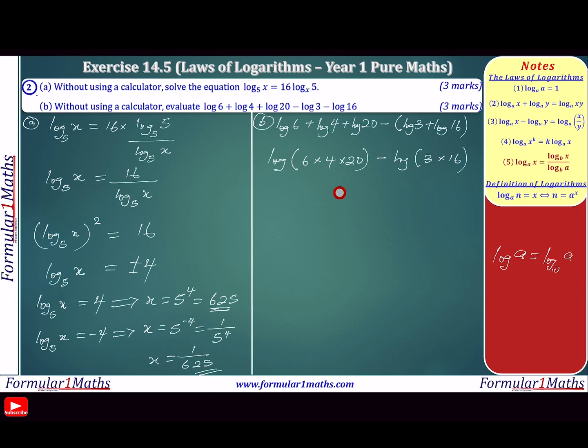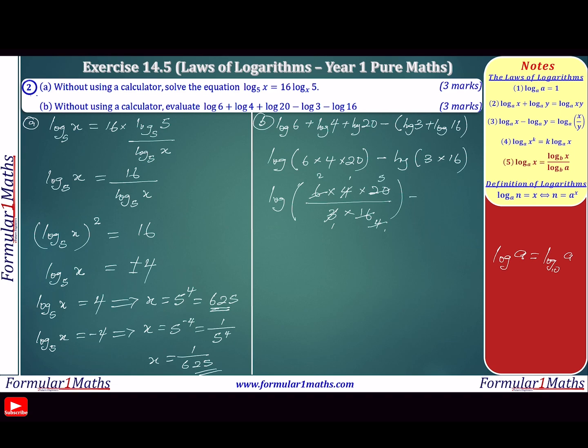Now I can apply the division rule to this as follows. Log 6 times 4 times 20 divided by 3 times 16. Now doing some cancellation, 3 goes here 1, 3 goes here 2. 4 goes here 1, 4 goes there 4, and 4 goes here 1, and 4 goes there 5.